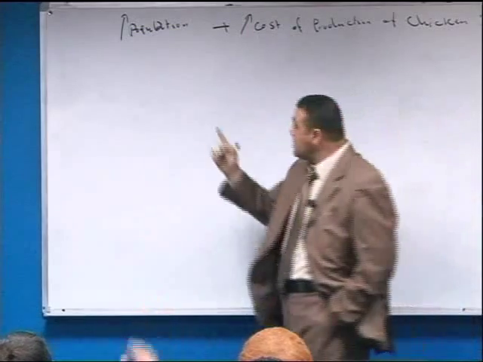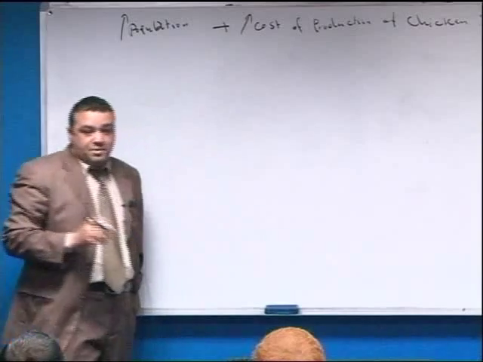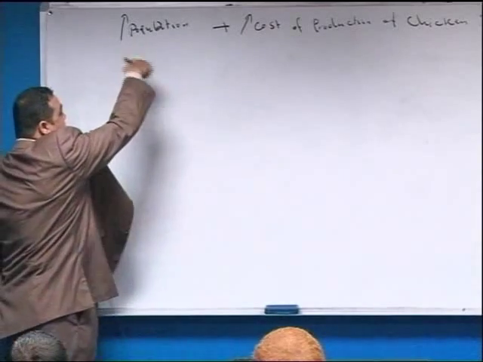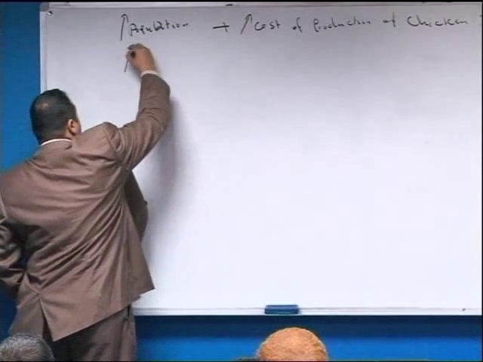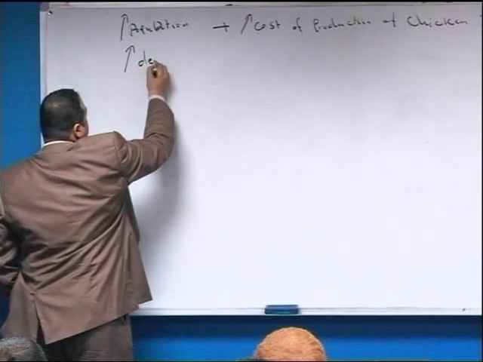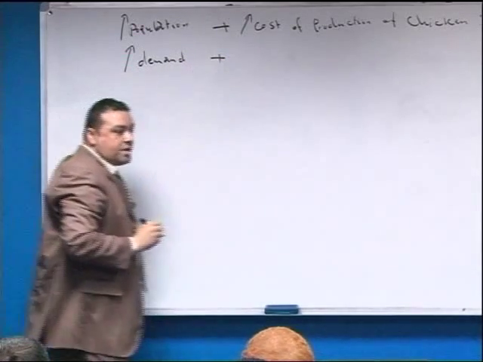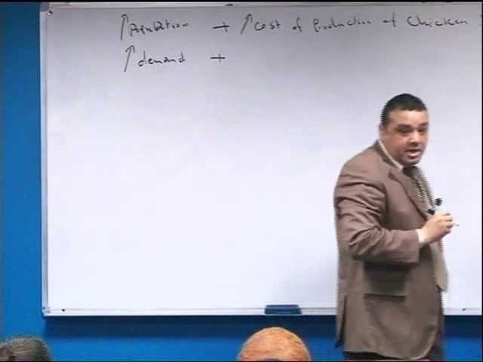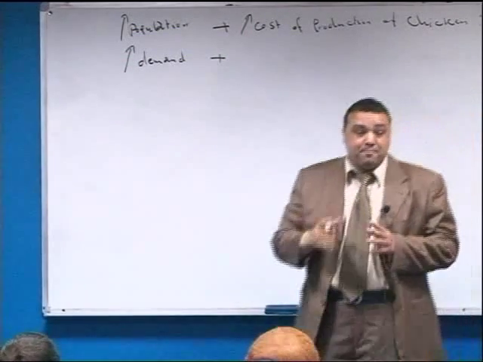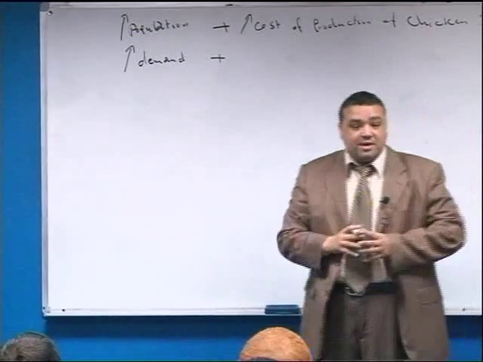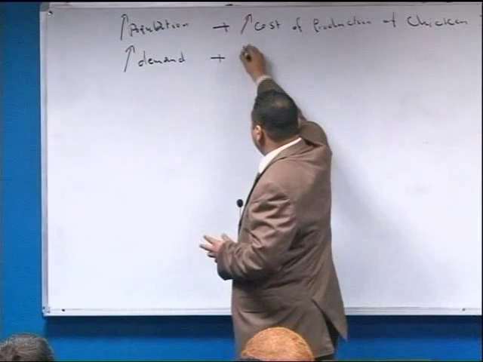As you know, population is one of the determinants of demand, so increasing population leads to an increase in demand. When the cost of production of chicken increases, this leads to a decline in supply, or the ability to produce.